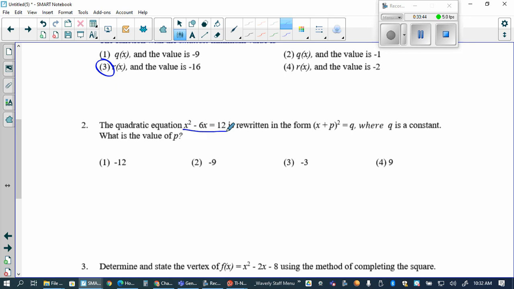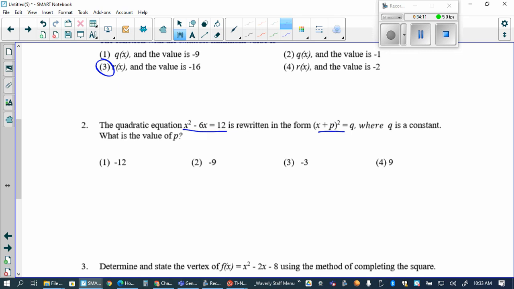Subtract it again, right? Why do we do that? Right, so we don't change the value of the expression, right? But now we have an equation here, right? So if we want to put it in this form, everybody think about this. If on the left side of the equal sign, I add 6 over 2 squared, am I going to subtract it or am I going to do something different?